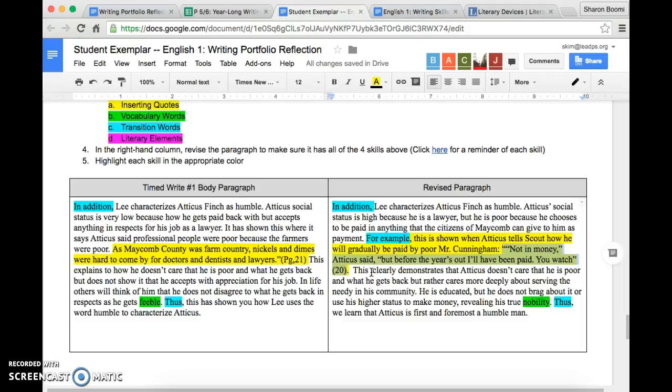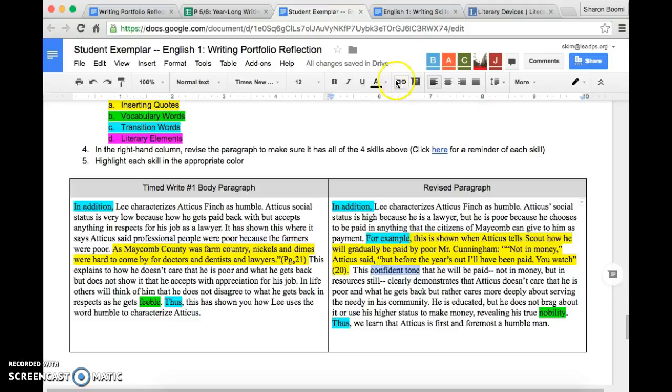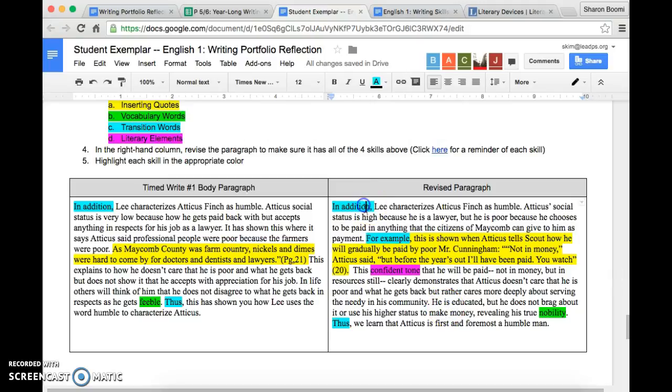I'm going to use tone here to insert my literary elements into this revised paragraph to boost this commentary. So I've got confident tone, that's the literary element. I'm going to highlight that in pink, which is the color for literary elements. So now I've got all 4 writing skills here, and my commentary sounds more advanced just adding a literary element.